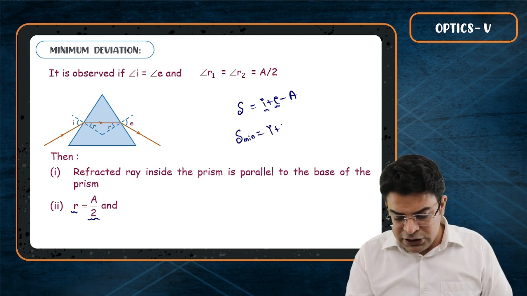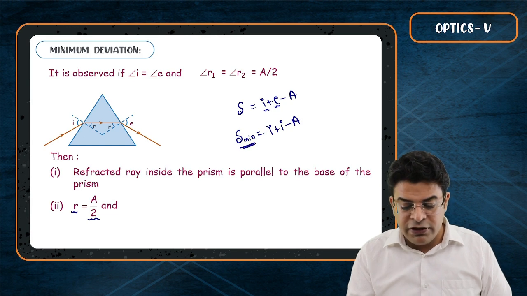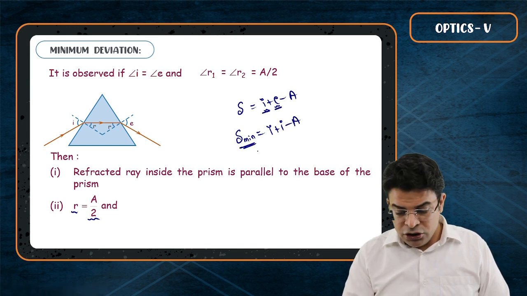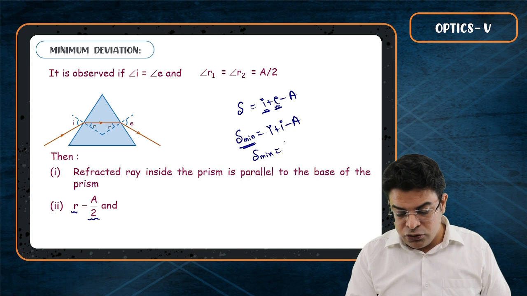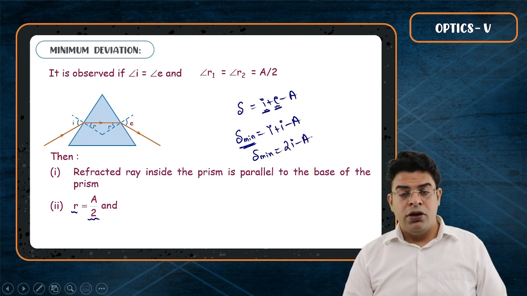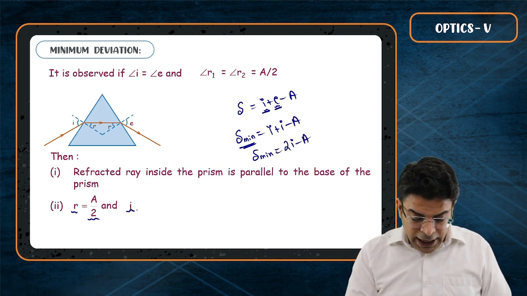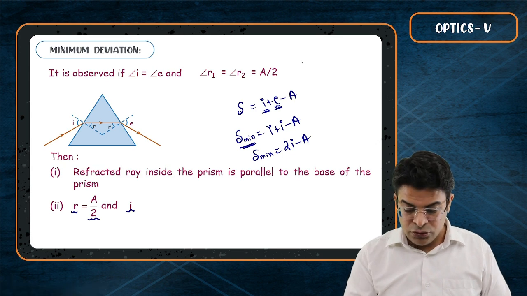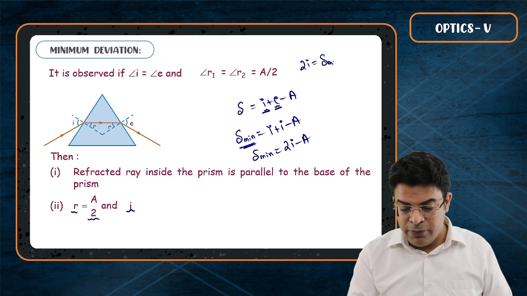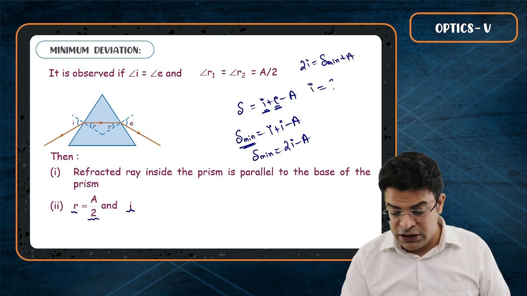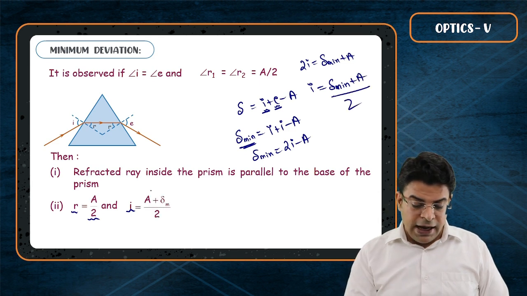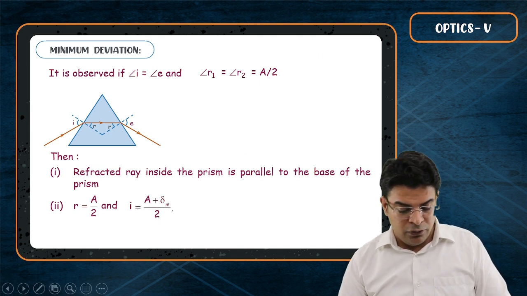So I plus I minus A, because for minimum deviation, I is equal to E. So the minimum deviation equals 2I minus A. Or we can say that 2I will be equal to delta minimum plus A, or the angle of incidence for minimum deviation has to be delta minimum plus A by 2. So I equals A plus delta minimum by 2.